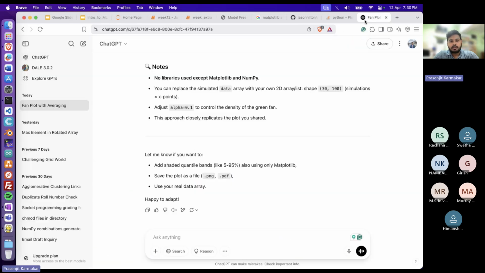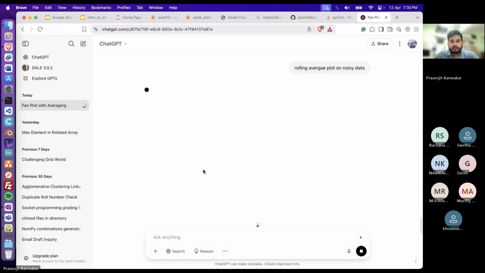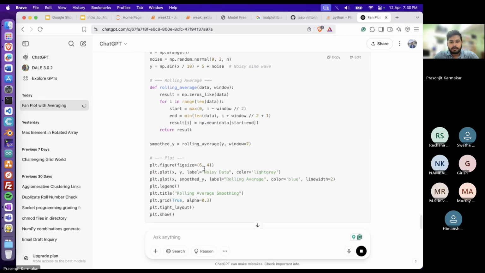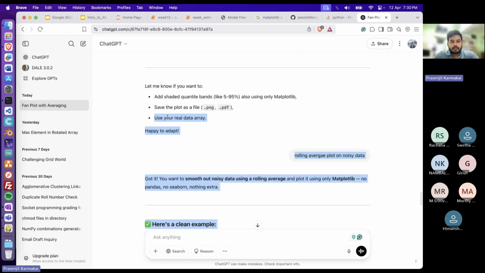Okay, so let me just ask: rolling average plot on noisy data. Okay, let's try this.